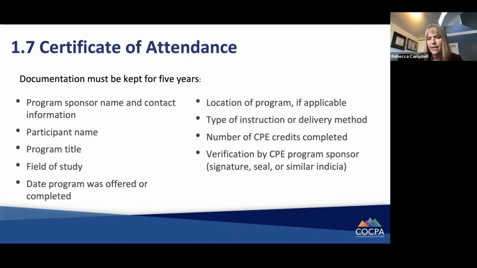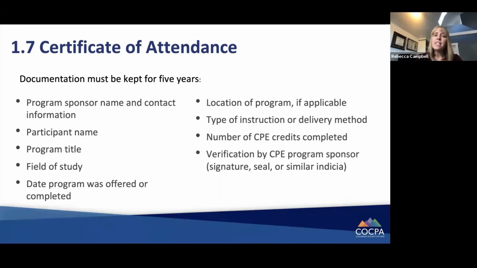The reason I say this is, if you're here in Colorado, you probably remember a few years back when we had a lot of flooding up in the mountains in the Boulder area. And I know of a particular member whose home got flooded, and her certificates of attendance got ruined in the flood.